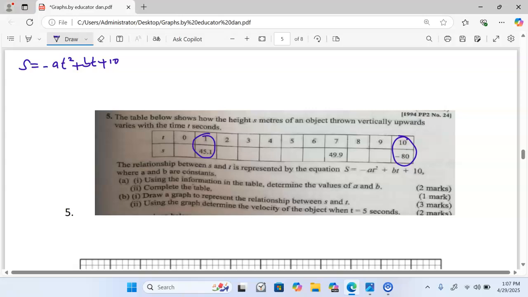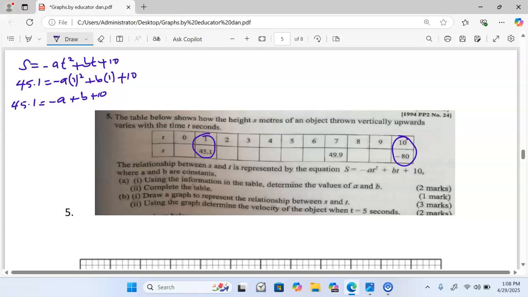Remember, when s is 45.1, we are going to have negative a multiplied by the value of t, which is 1, so 1 squared, plus b multiplied by 1 plus 10, and in this case 45.1 is going to be equal to minus a plus, this is b times 1 is b plus 10.